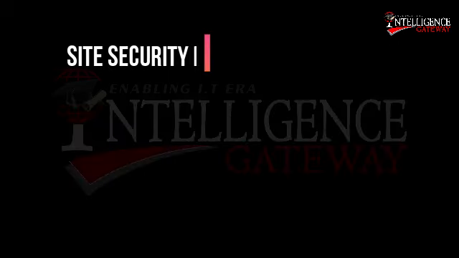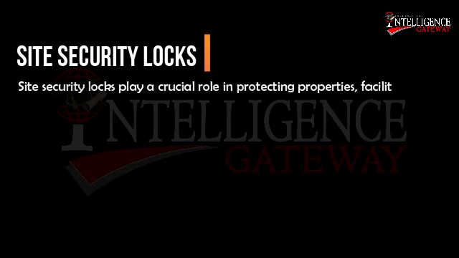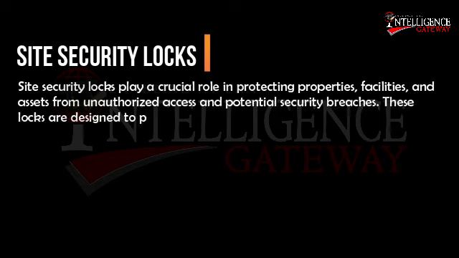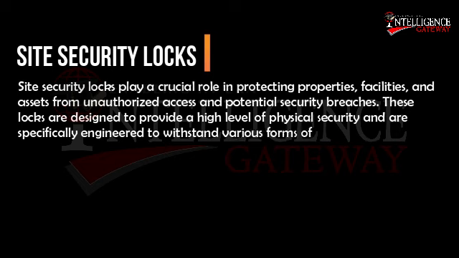Site security locks. Site security locks play a crucial role in protecting properties, facilities, and assets from unauthorized access and potential security breaches. These locks are designed to provide a high level of physical security and are specifically engineered to withstand various forms of tampering or forced entry attempts.